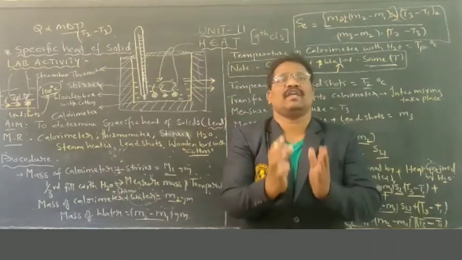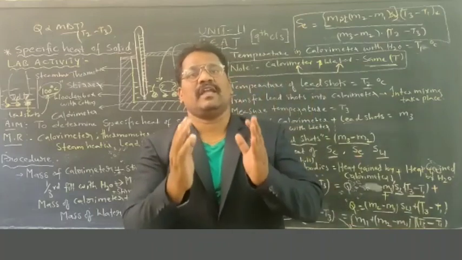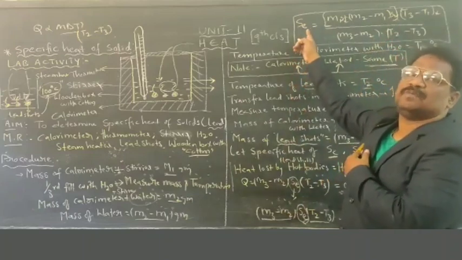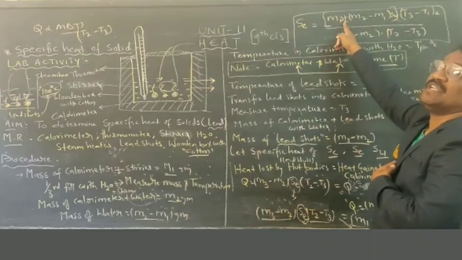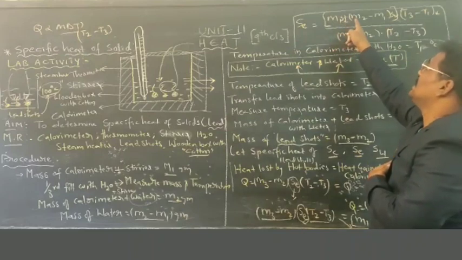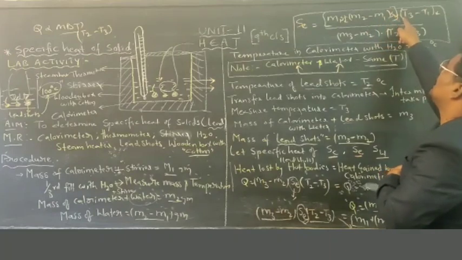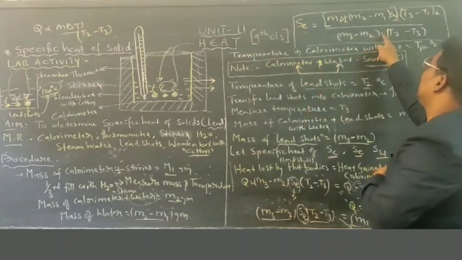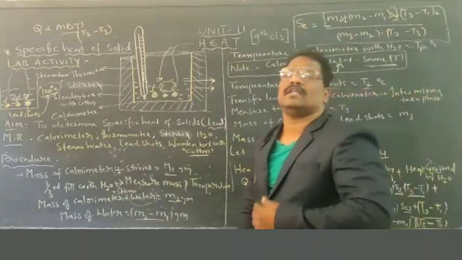In this way, by using the lab activity process, we can determine the specific heat of a solid substance by a formula: S of lead, specific heat of lead solid, is equal to M1 into specific heat of calorimeter plus M2 minus M1 into specific heat of water, whole of change in temperature T3 minus T1, divided by M3 minus M2, mass of lead shot, into change in temperature of lead shot, that is T2 minus T3 degrees centigrade.